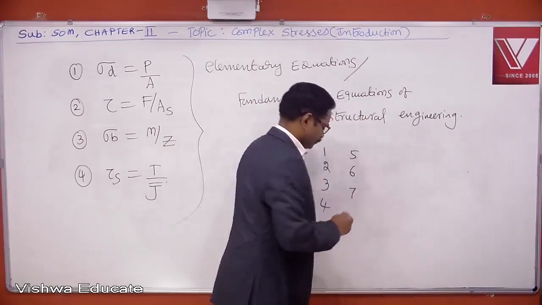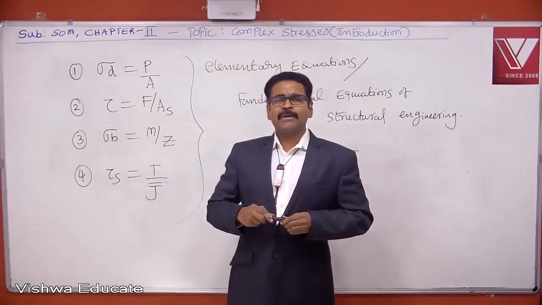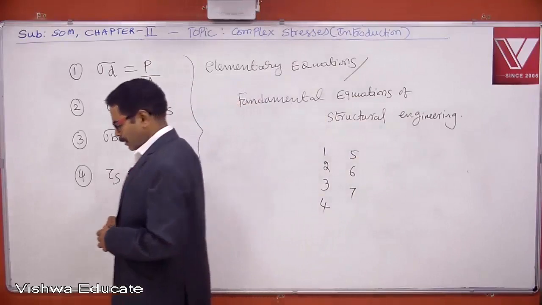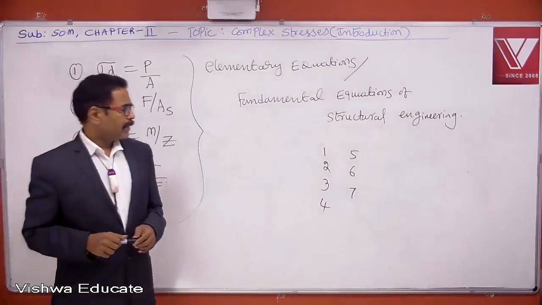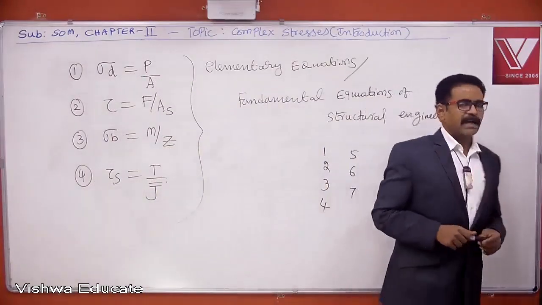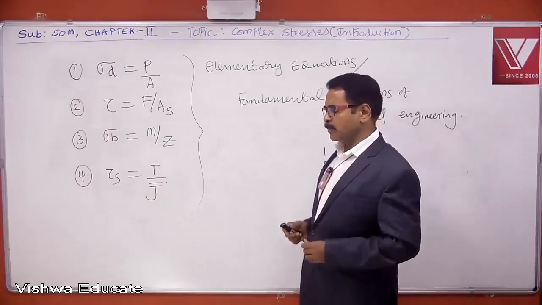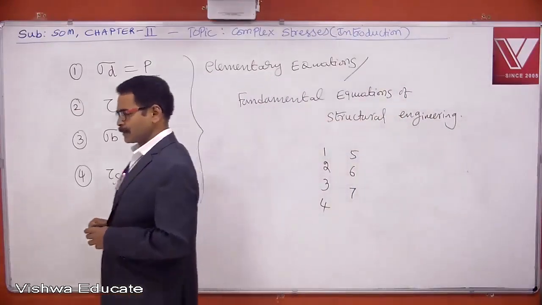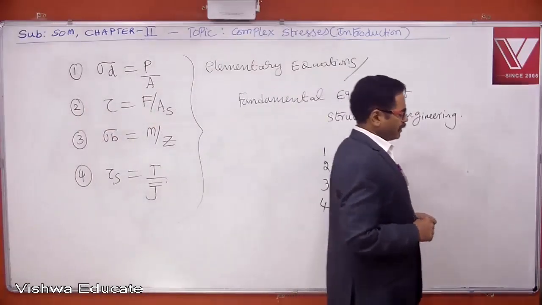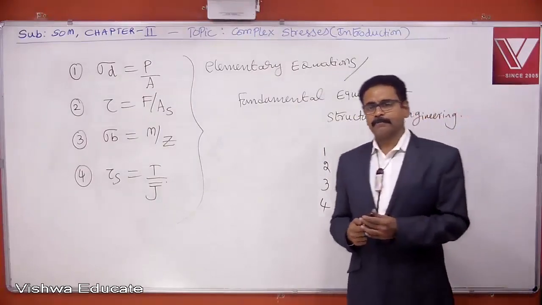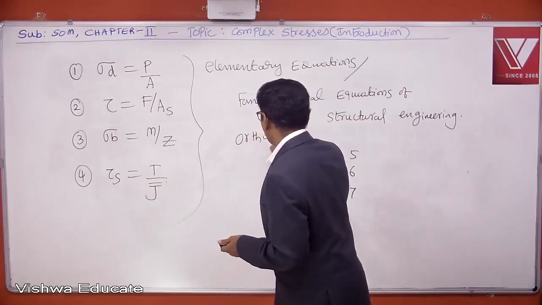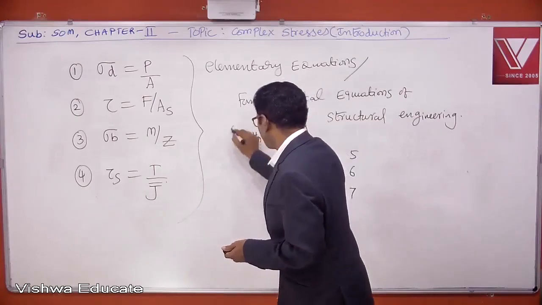Next point. The angle between any two principal planes is 90 degrees. In bracket you may write orthogonal.